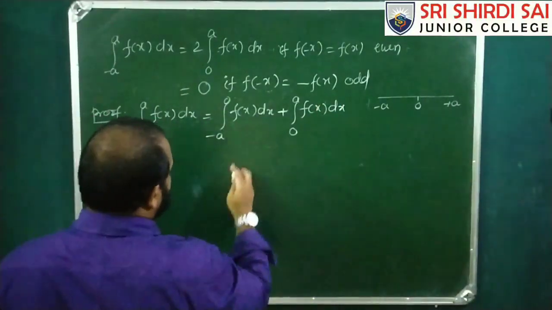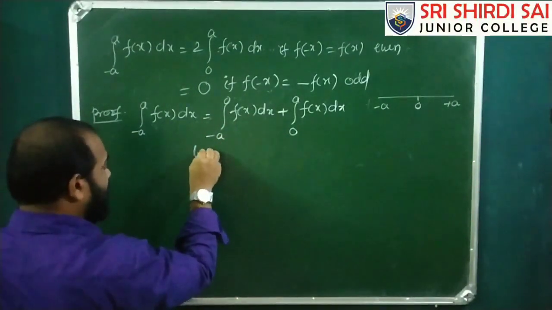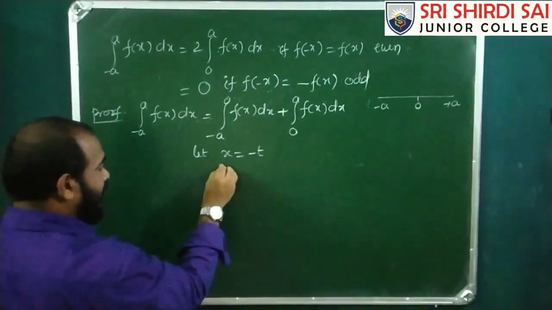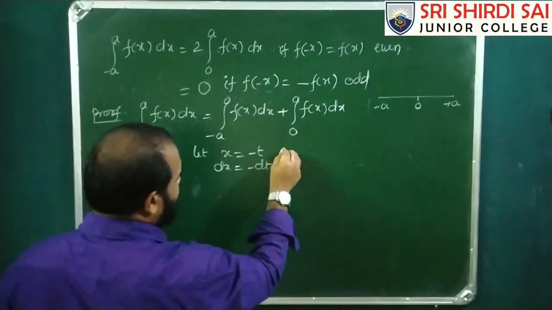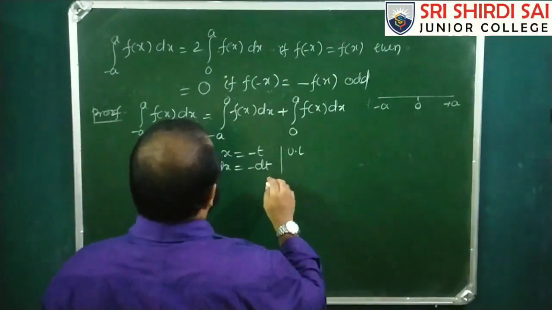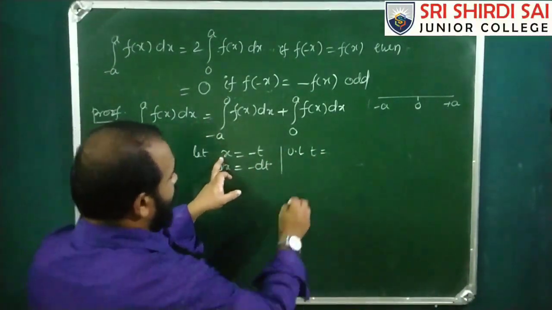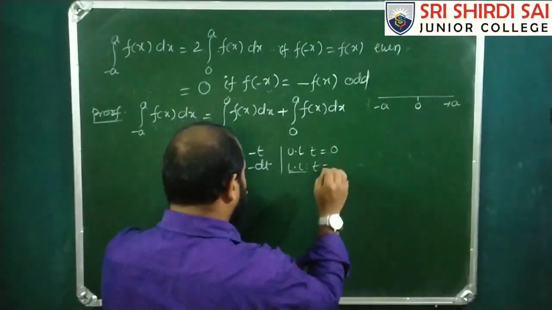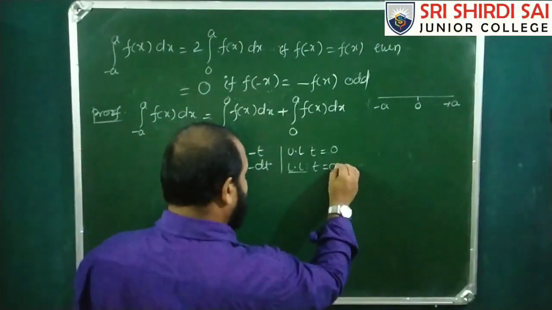So let us consider this. Let x be equal to minus t, then dx is equal to minus dt. Now change the limits. Upper limit is t equal to minus x, so minus 0, so 0. Lower limit t is equal to minus x, minus of minus, so plus a.